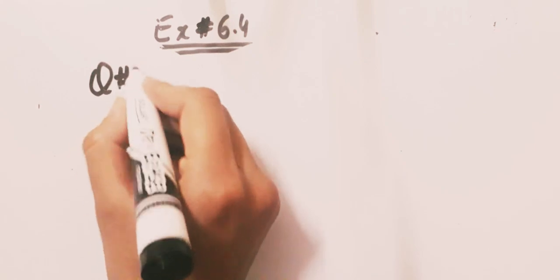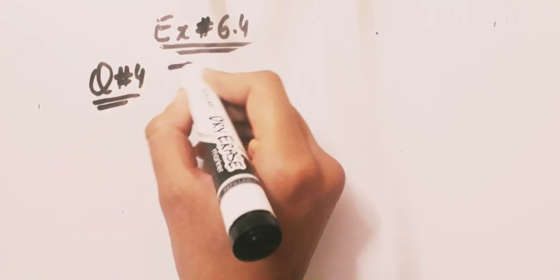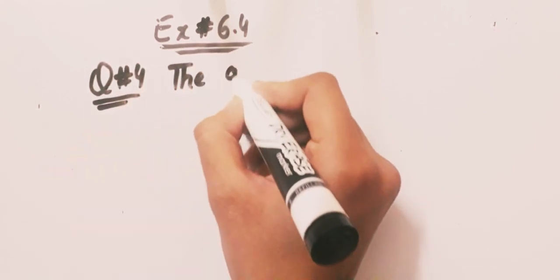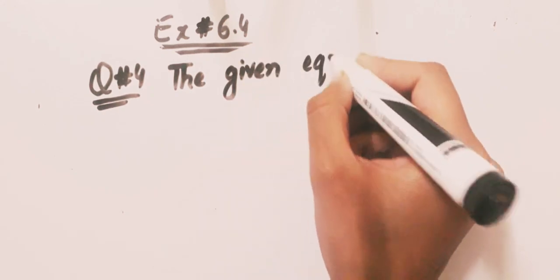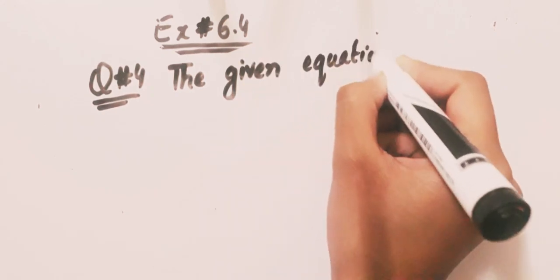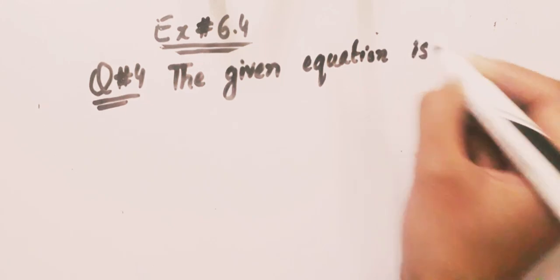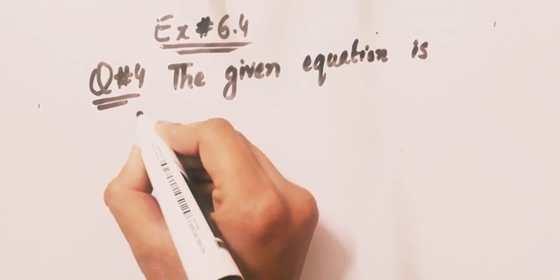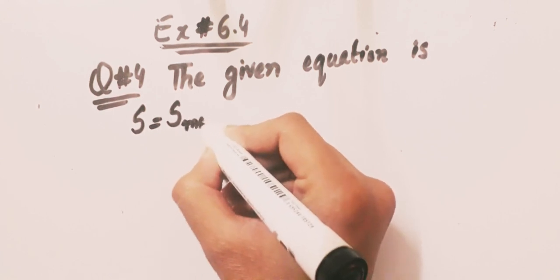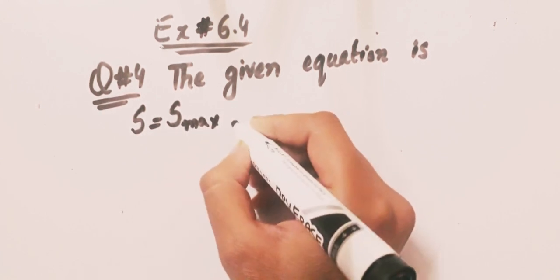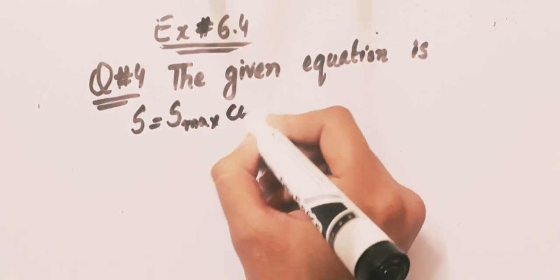Question number 4. The given equation is S is equal to S maximum cosecant square theta.